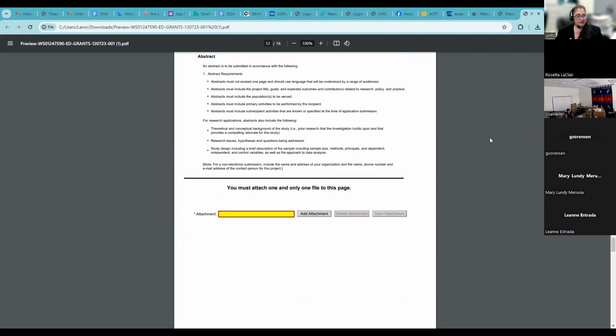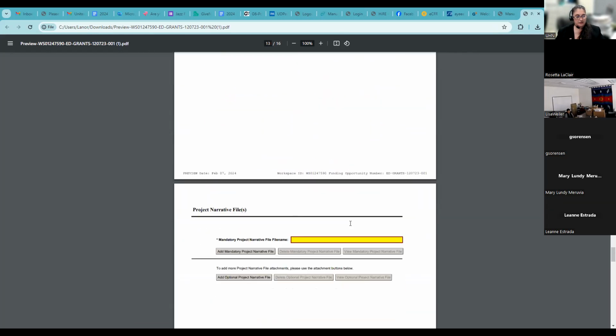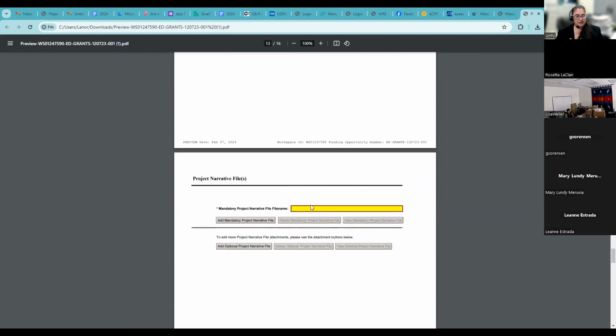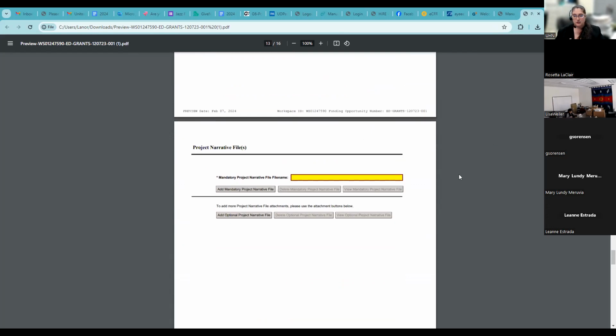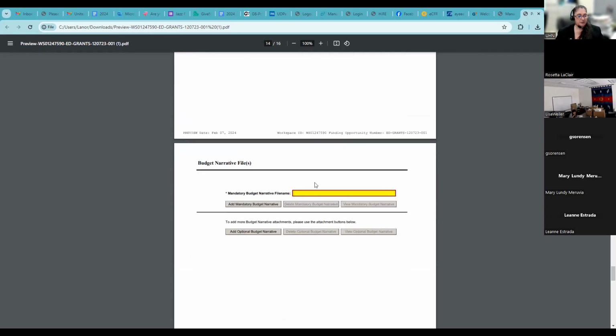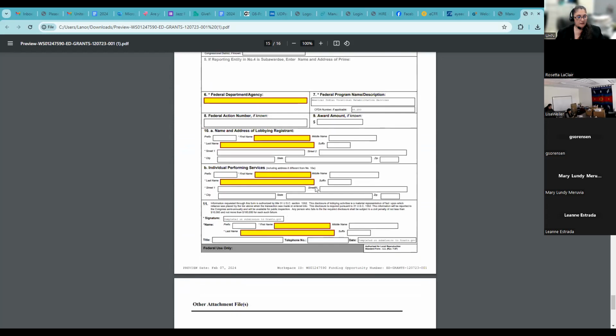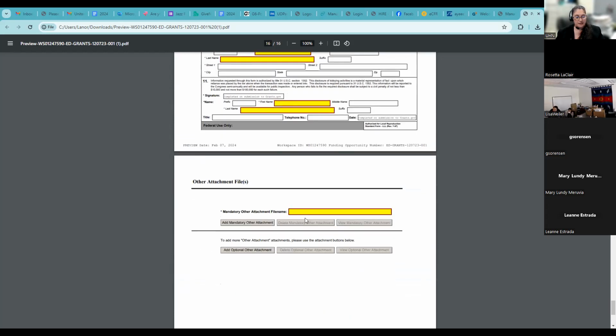Yeah, so you'll see here's the abstract, which is the same order, then the project narrative. When you actually print it out, it gives this cover sheet and then the actual documents behind them. Budget narrative, same thing, and any documents behind them. Lobbying form and then the other attachment.